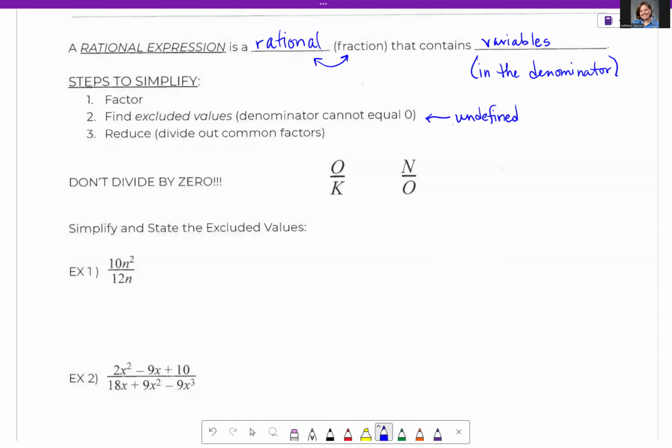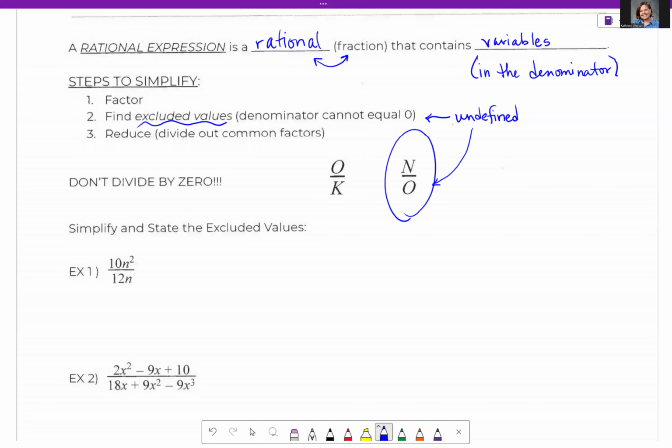And then we'll reduce the fraction by separating out common factors. It's important to note that you can never divide by 0. This goes along with finding the excluded values.